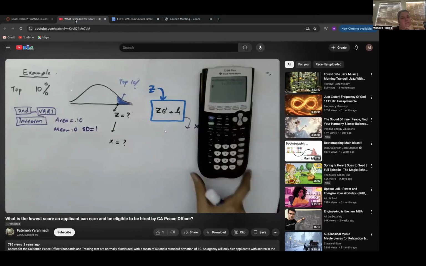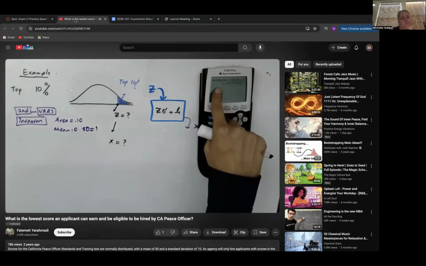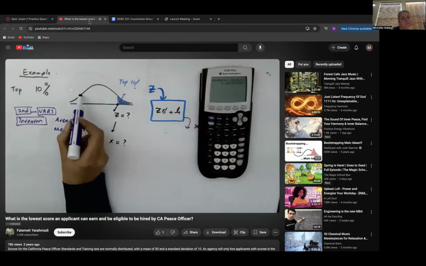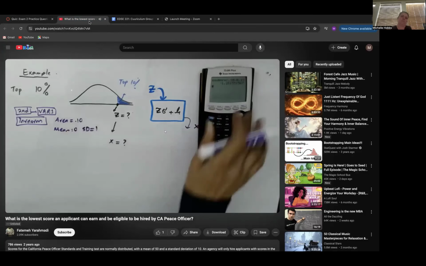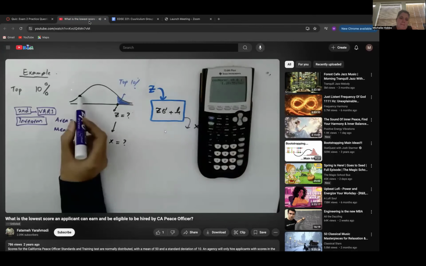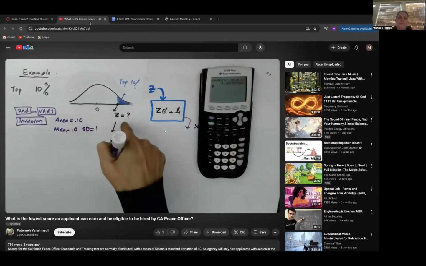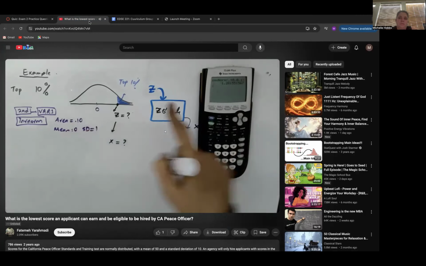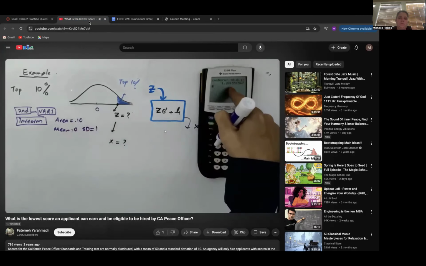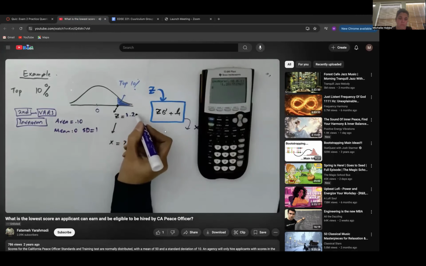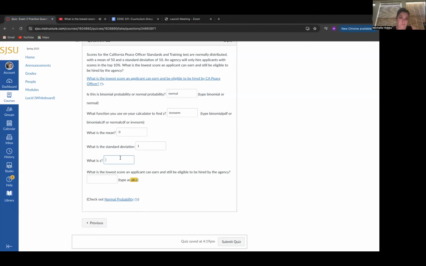Let's do the paste. The number that is written here is negative because it gives you the z value on the left-hand side. The calculator computes the area to the left. So since the mean is 0, the z, which is the mirror image of negative 1.28, is going to be positive 1.28. Okay, it wasn't that hard.